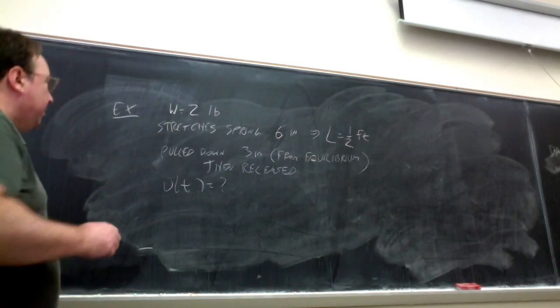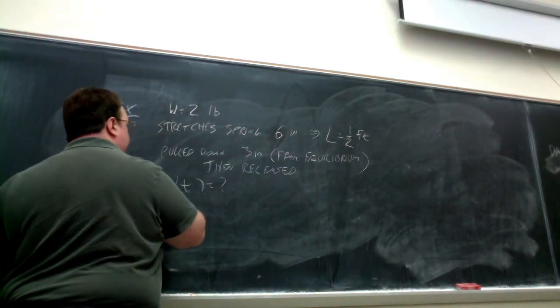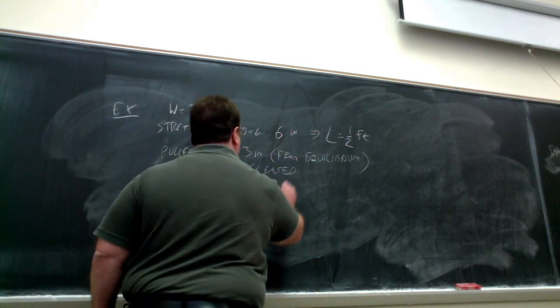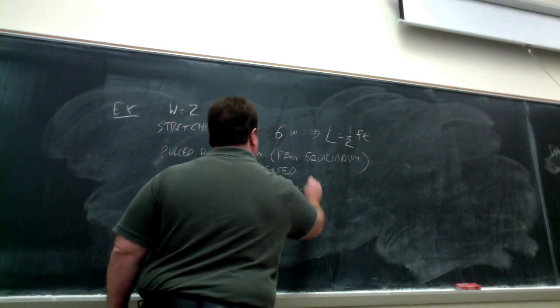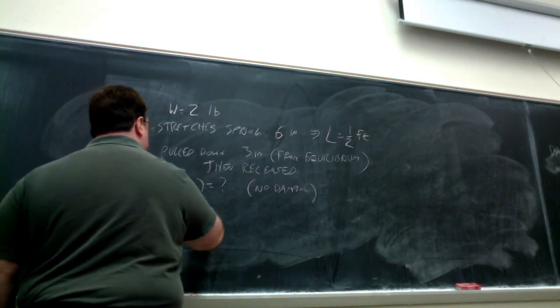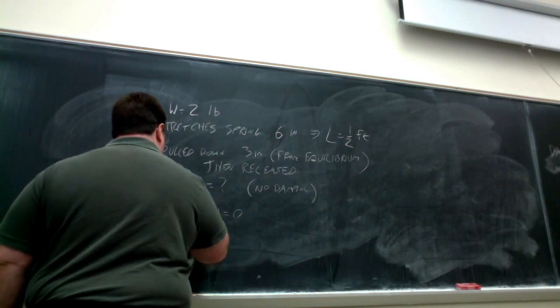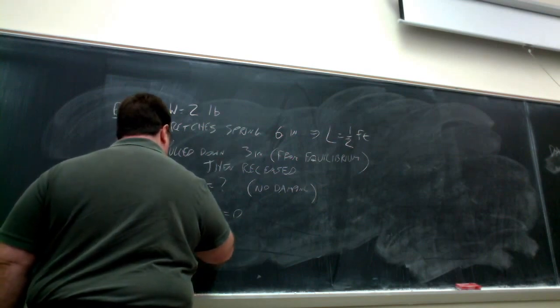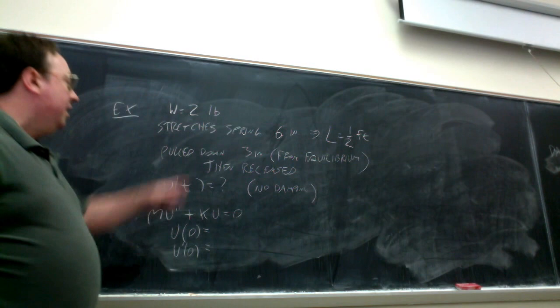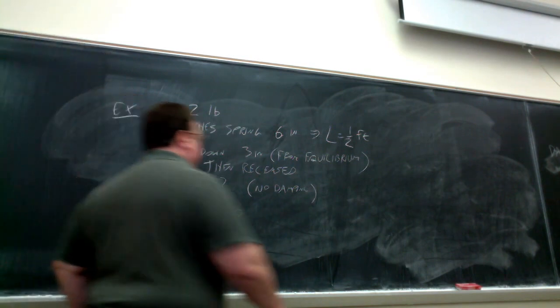Okay. So what you need to do is, and we're also assuming there's no damping, your equation is going to have this form: m u double prime plus k u is equal to 0. And we have initial conditions. Because it's simply released, there's no extra velocity imposed on it.